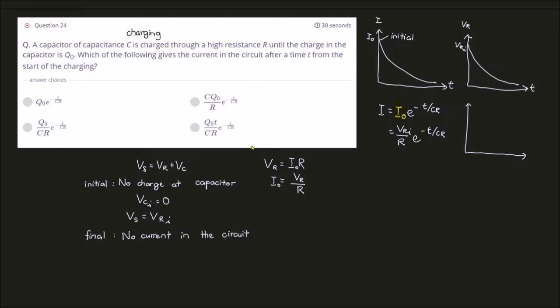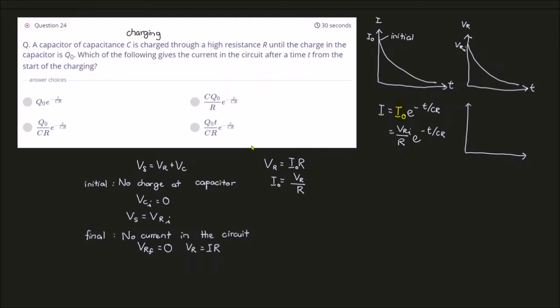The positive plate has many positive charges, which repel other positive charges from trying to reach it. So it's no longer possible for the charges to move, and the current will be equal to 0. When current is equal to 0, VR final will be equal to 0, because VR equals IR.